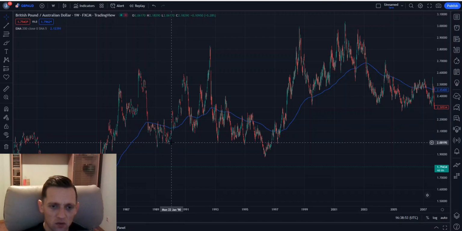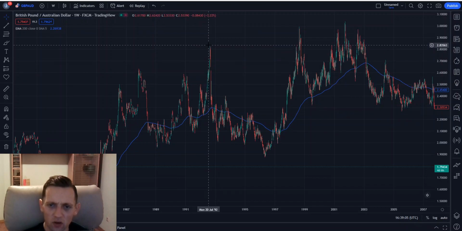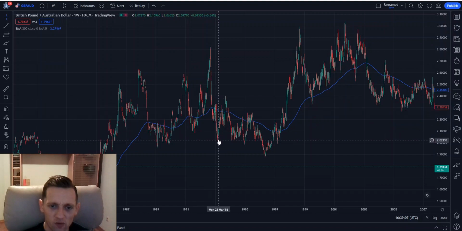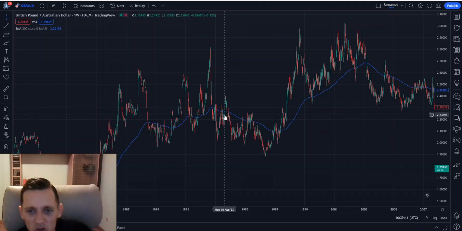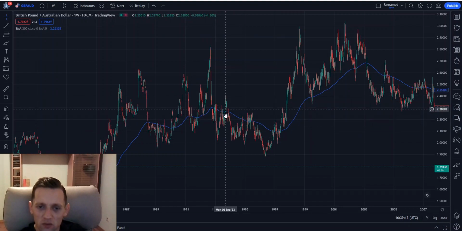Then we had a range period, but still, in the early 90s we continued with large swings from 2 to 2.5, back to 2, and then almost to $2.83 per pound, and then reverted back again to $2. Like, man, these moves are huge.